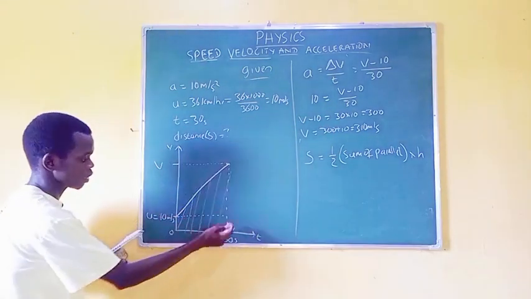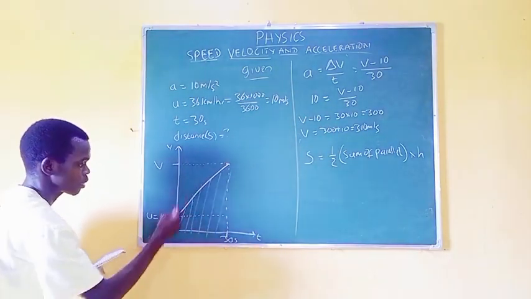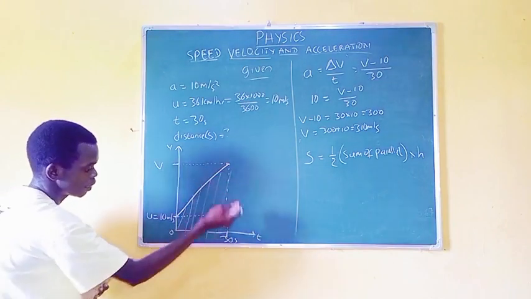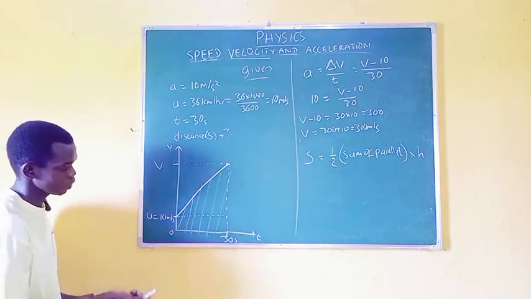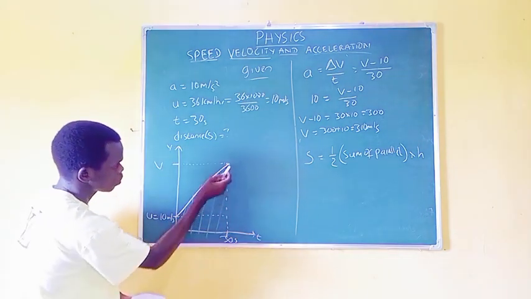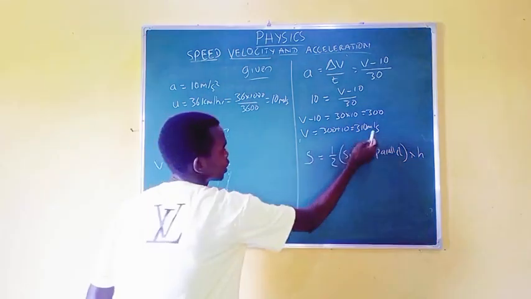As you look at this diagram now, these are the parallel sides. So you add there, and here will be the height. Now from here to here is 10, and from here to here is 310.